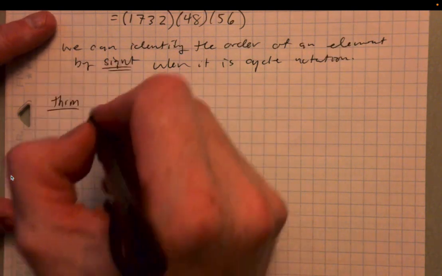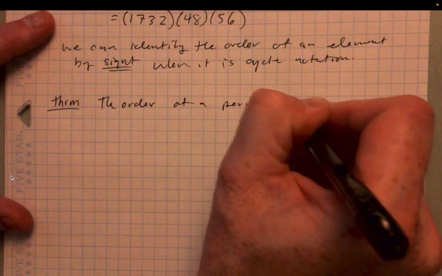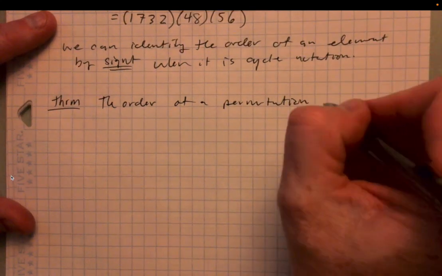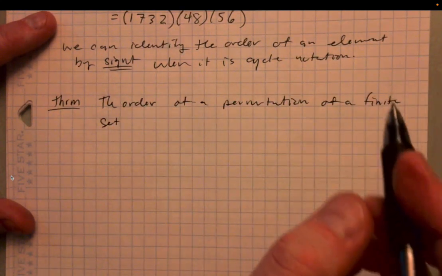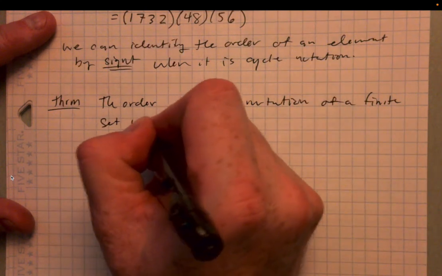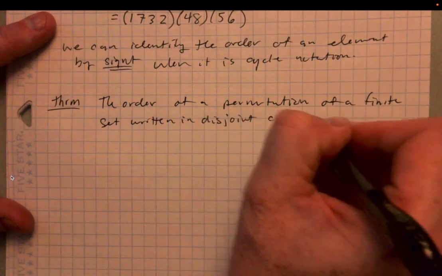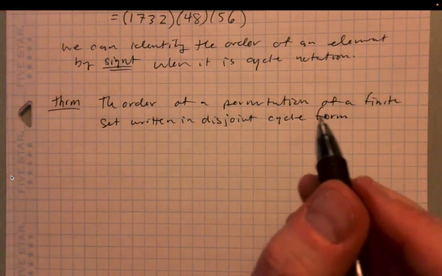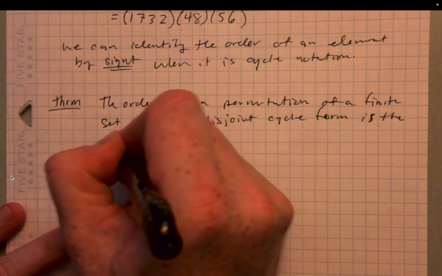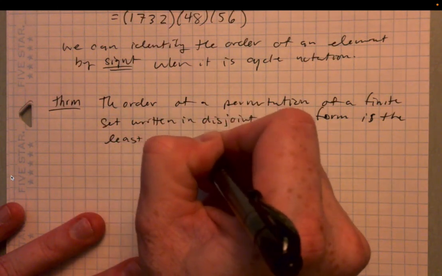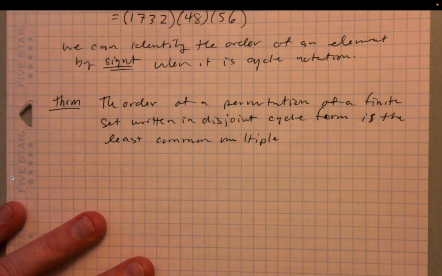The order of a permutation of a finite set written in disjoint cycle form is the least common multiple of the lengths of the cycles.